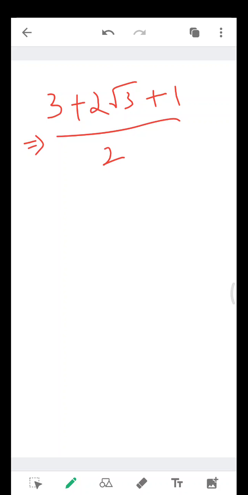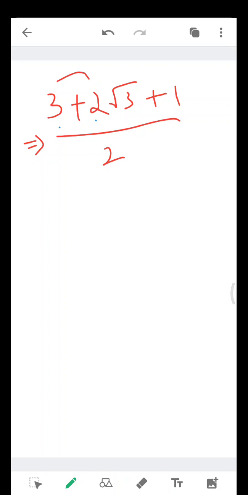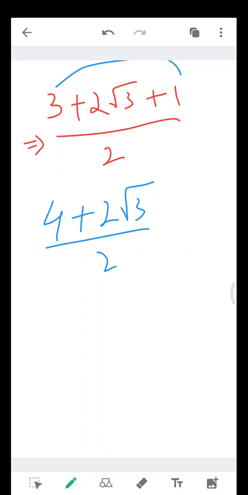Now if I continue, I cannot add 3 and 2 root 3 because this has root 3 in it. You should never add 3 and 2 root 3, you cannot add it. So what to do? We can add 3 and 1. What is 3 plus 1? 4 plus 2 root 3 by 2. Now we can still simplify it. You can split this and write it as 4 by 2 plus 2 root 3 by 2.